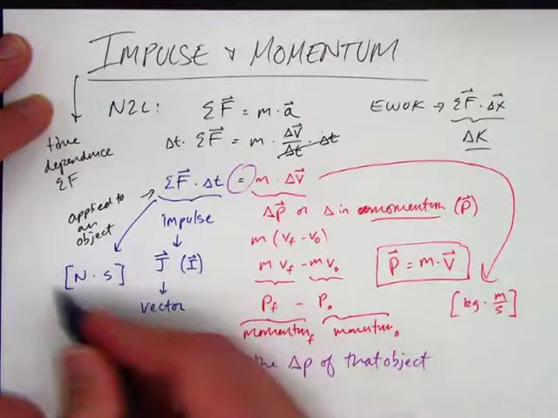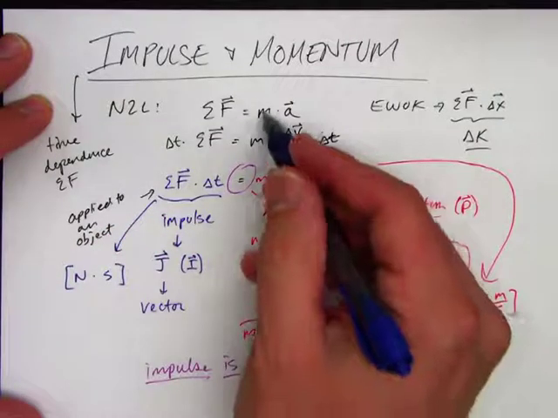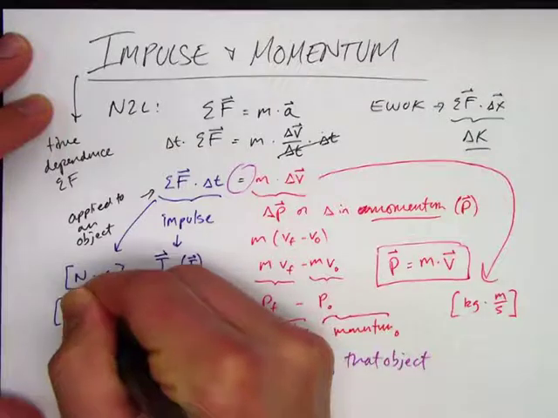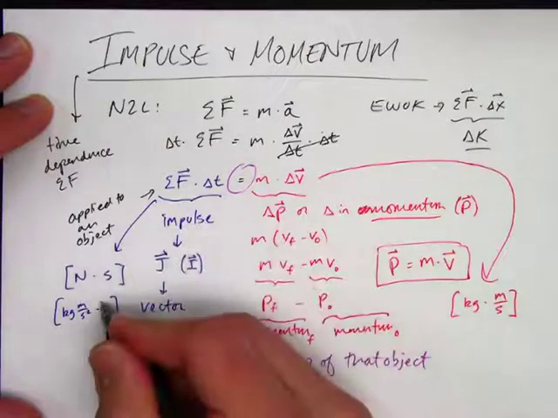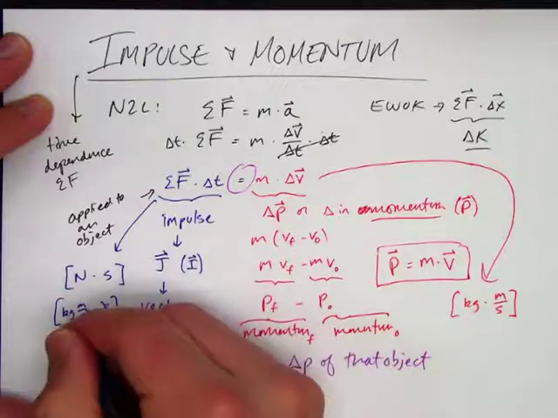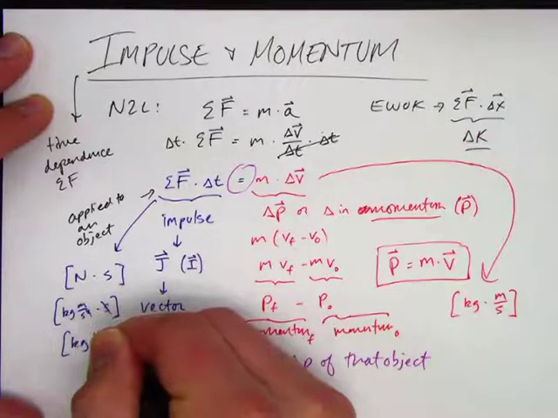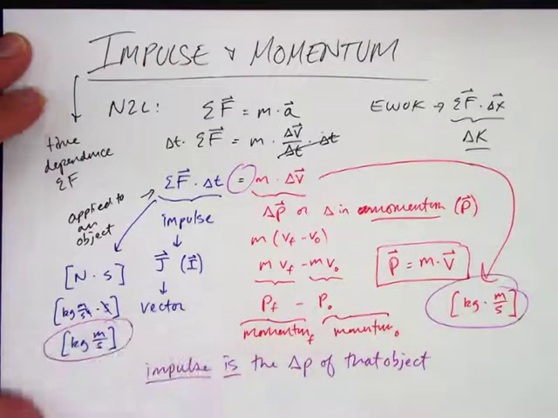Can we get these to be the same? Well, we know a newton is a kilogram meter per second squared. So this is kilogram meter per second squared times a second. The second cancels with the second squared, and we're left with standard units of kilogram meters per second, which, if we look, is the same.